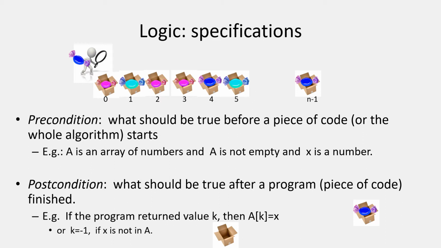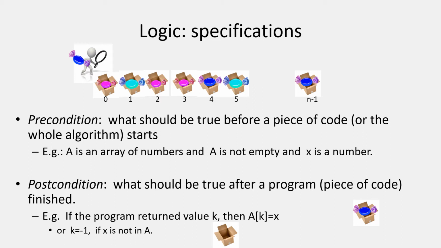So now you see how, if you formulate it more formally, and again, we are still not using logic notation, then you start noticing those little things. Also, here I'm saying if the program returned a value k, then a of k equals x.